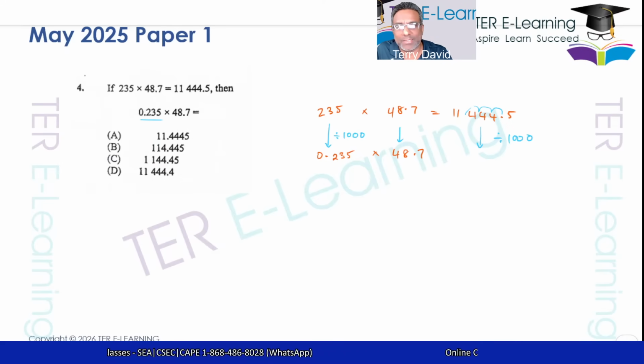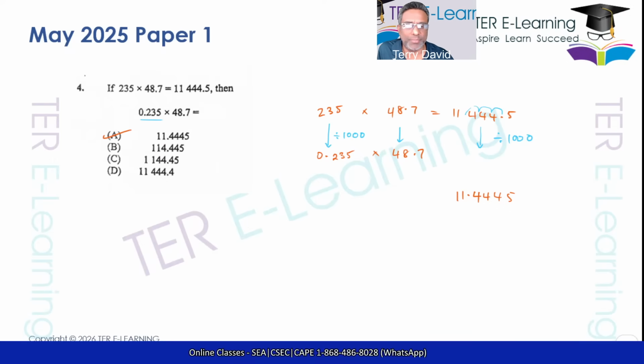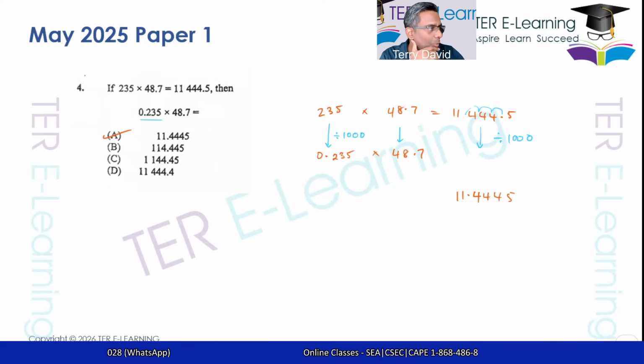So it's the same answer from the previous question, they just did it a little differently. So it's 11.445. So that's going to be A. All right, that's number 4.